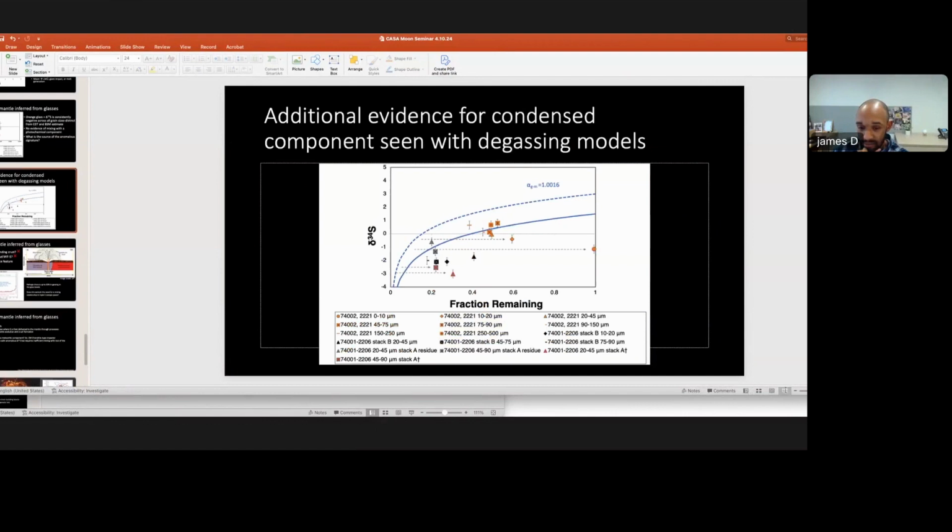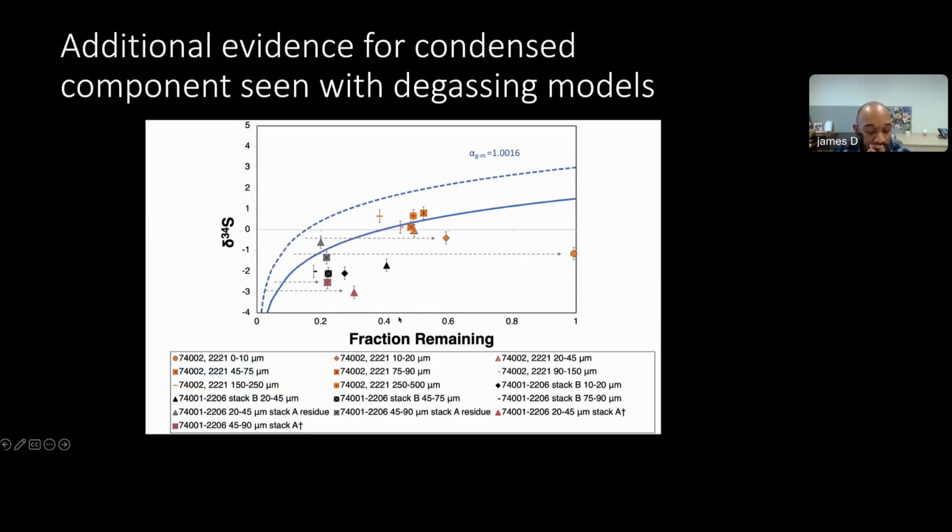That's right. So the one that's down there at a fraction of 0.2 and lies below the Rayleigh fractionation line, if those samples couldn't be, the gaseous phase, which I gather is heavier than the source, but still, as you get to a low fraction remaining, the gas itself will be light.